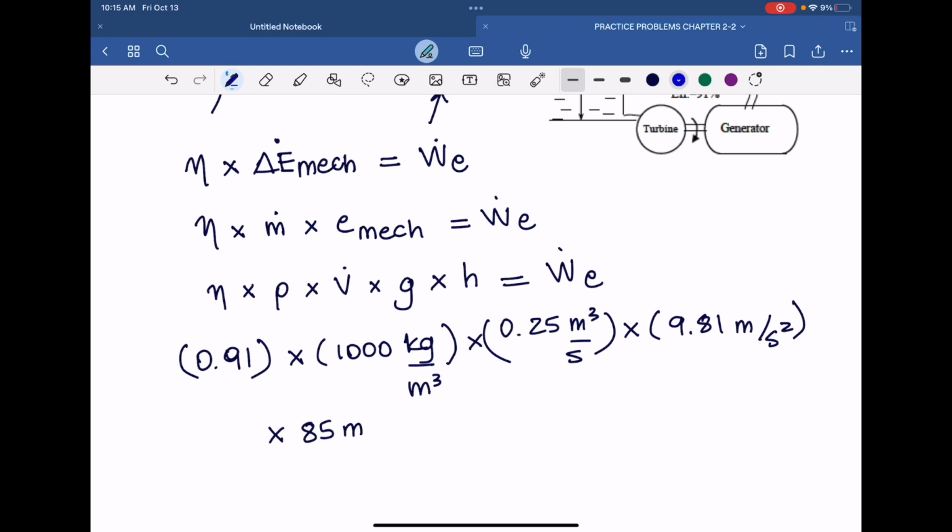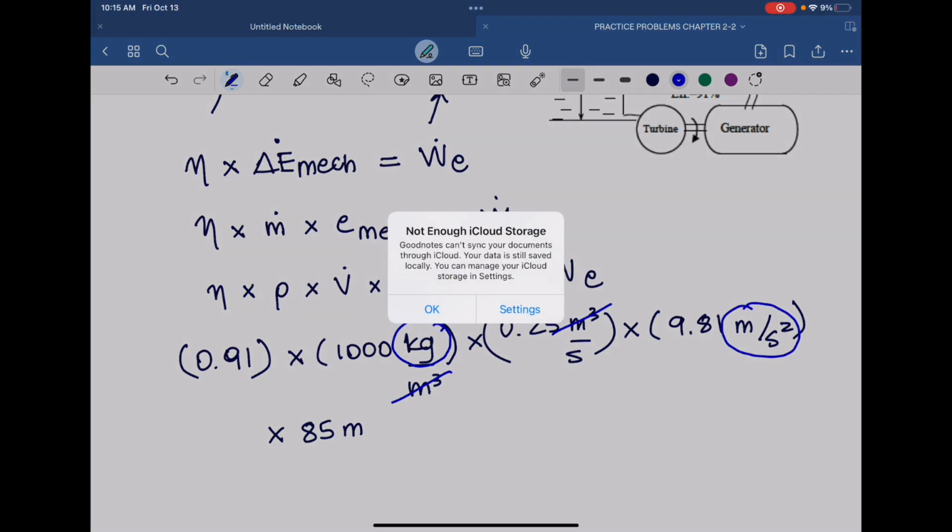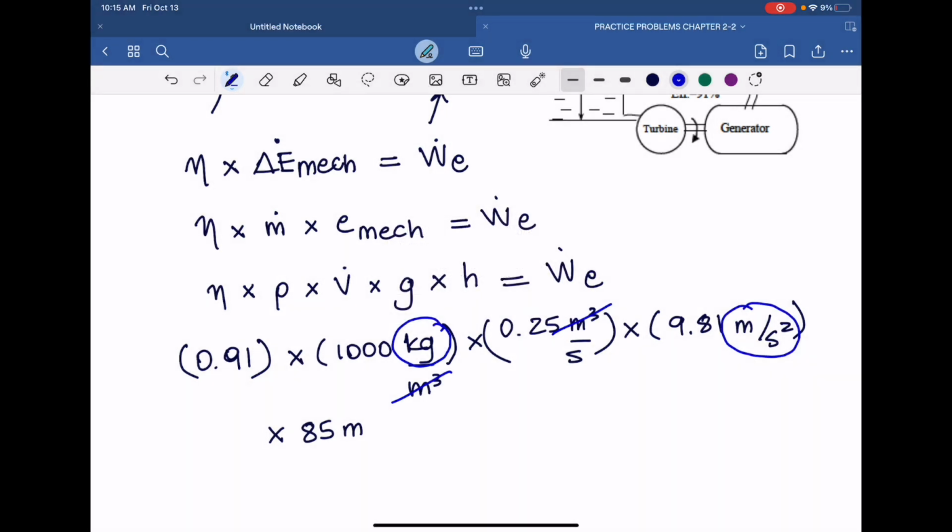So if we look at it carefully, kilogram meter per second squared is Newton. Newton times meter is joules. Joules per second is watts. So very good.